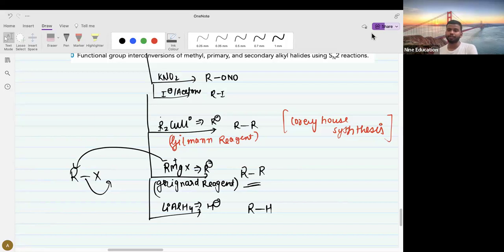In chemistry, for every reaction we can calculate the rate, how fast it is going, how slow it is going.